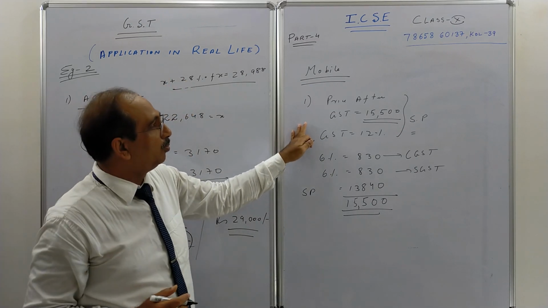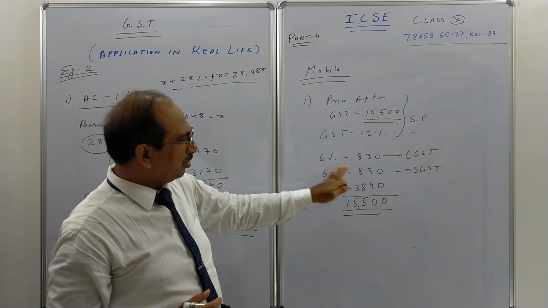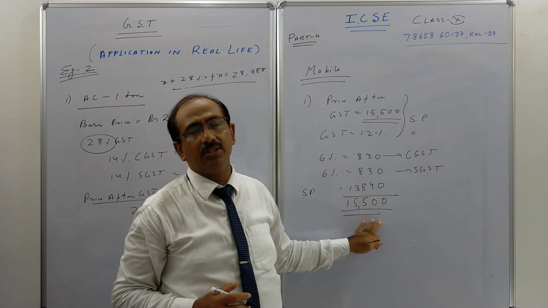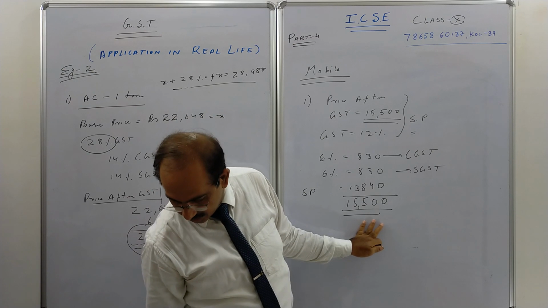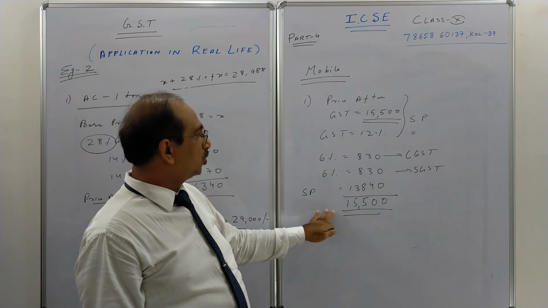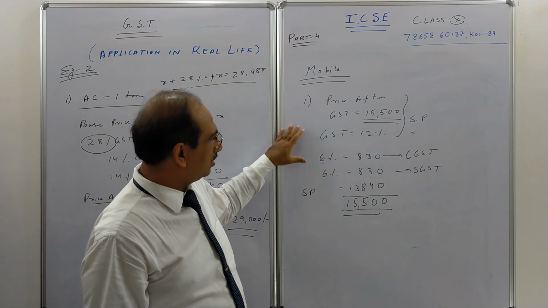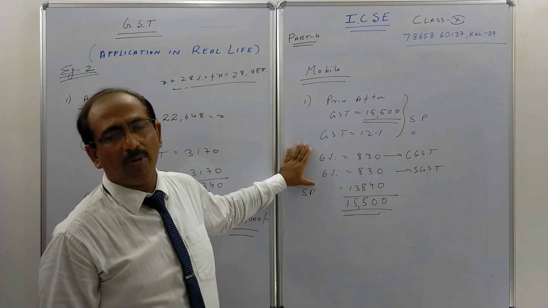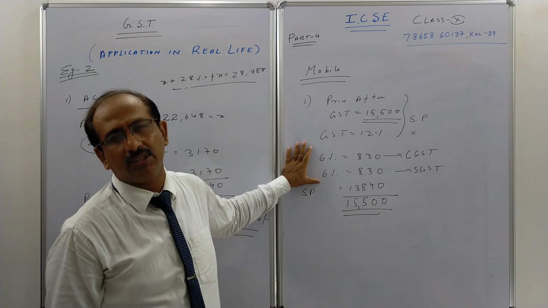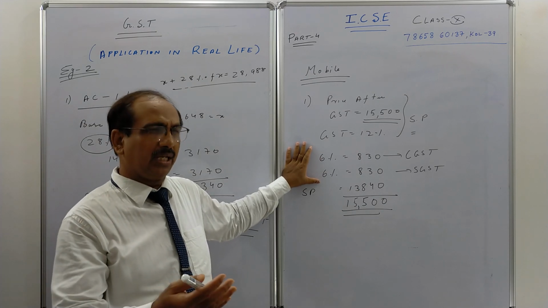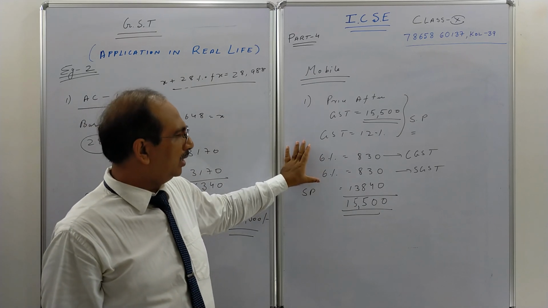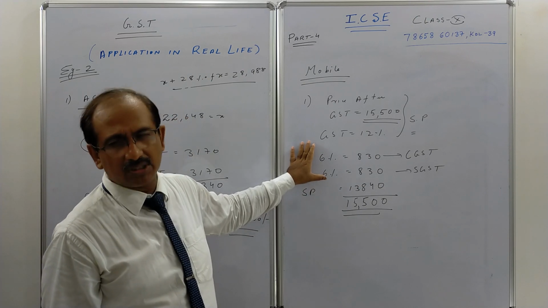Next, children, I bought a mobile 2-3 years back. So he said the cost is 15,500. When he gave me the receipt, I understood. Now there is some doubt about mobile phones. When I bought it, it was 12%, I'm sure, but whether it was 18 and became 12 or what, there is a doubt. But mobile is 12% is what I saw.